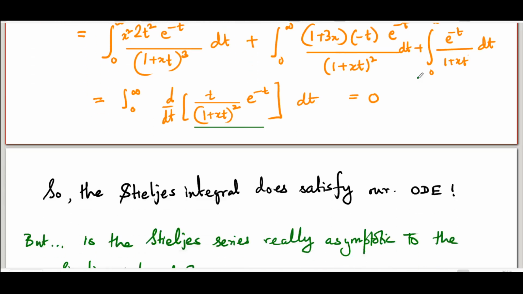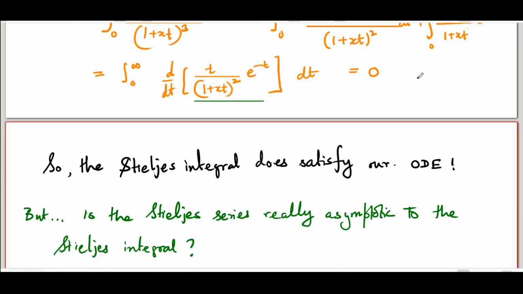So the Stieltjes integral does satisfy the ODE, but we still might have lingering doubts. We know that the Stieltjes series is actually asymptotic to a solution of the ordinary differential equation. We also know that the Stieltjes series gave rise to the Stieltjes integral, which is a solution to the differential equation.